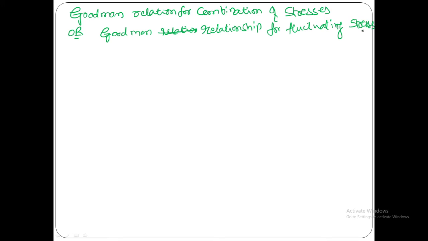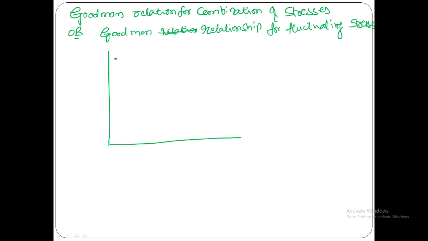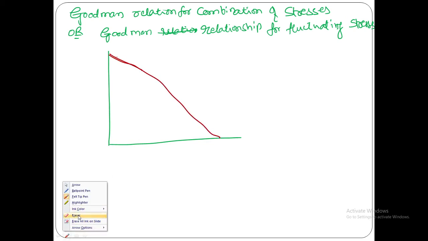Now consider the Goodman line here. You just note this diagram. This has to be a straight line, not a curve.